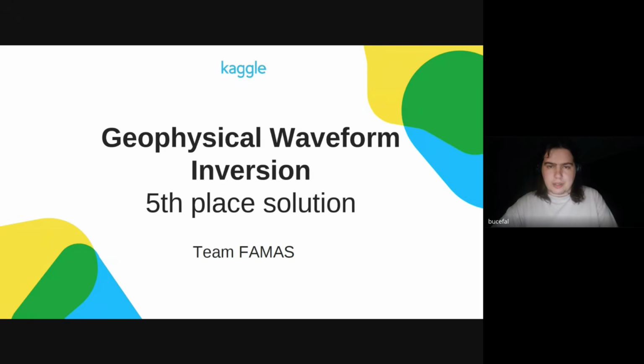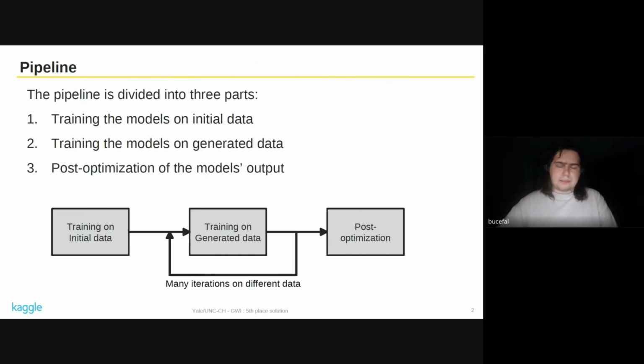It was a great 2.5 week sprint for us, since we joined pretty late, and we worked really hard to end in 5th place. In general, we can divide our pipeline into 3 main parts.